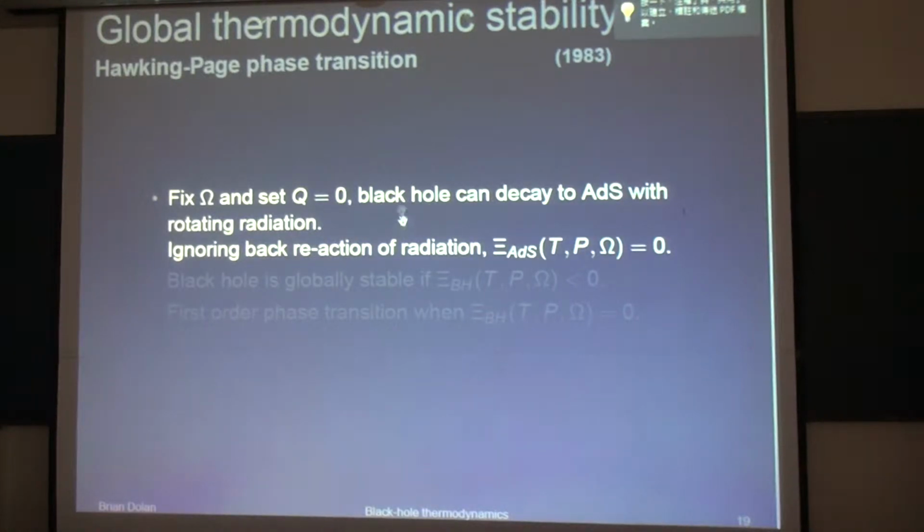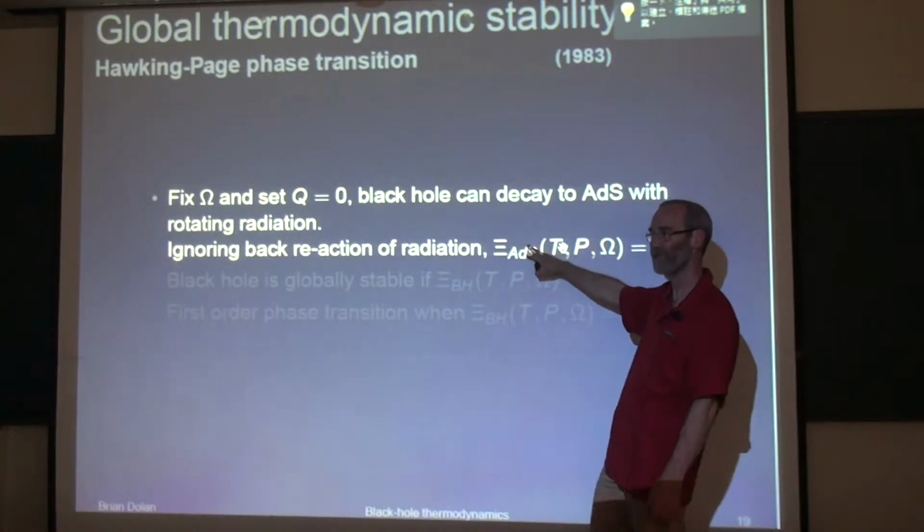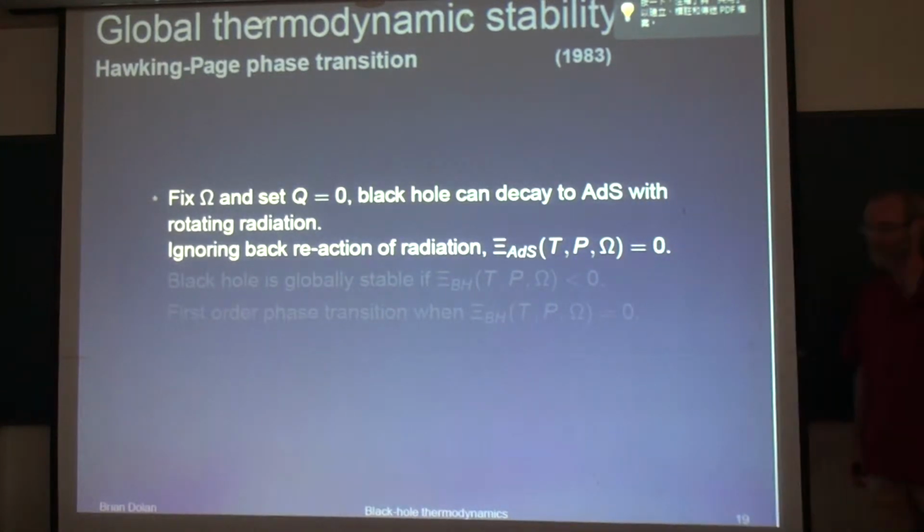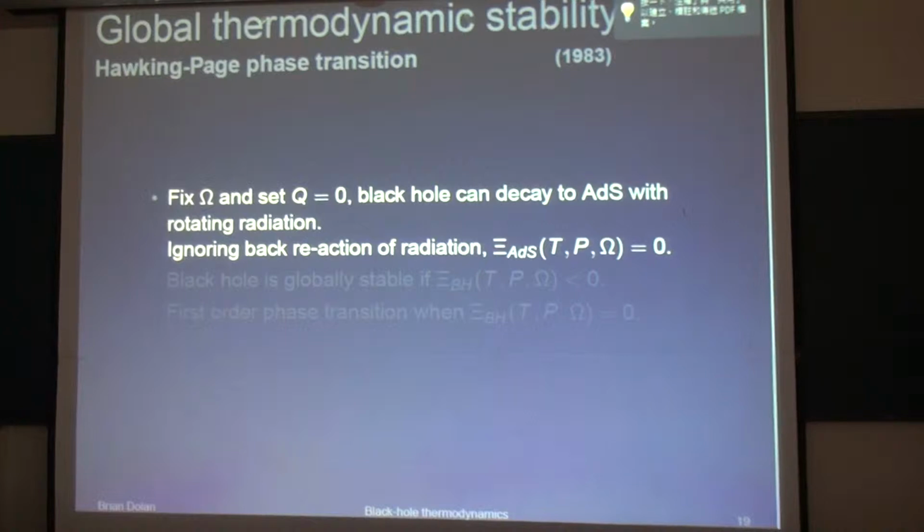So this was what Hawking-Page showed, that if we look at the thermodynamic potential, there's no name for this potential in the textbooks. I'm not sure what they call it. It's like some sort of super Gibbs energy. It's like the Gibbs free energy, but with a Legendre transform and everything.